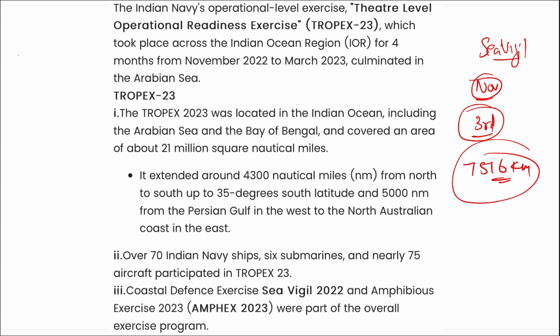So that's all you need to remember. And we also mentioned AMFEX. AMFEX is an exercise that was conducted in the January month. It is a biennial tri-service amphibious exercise. The location that you can remember for this exercise is Andhra Pradesh.